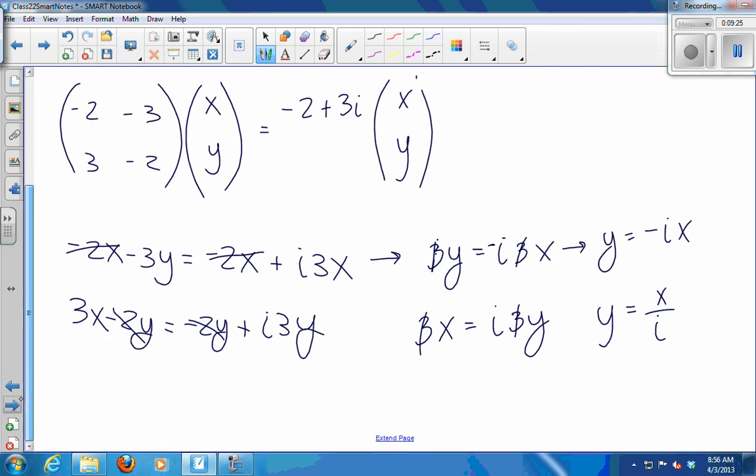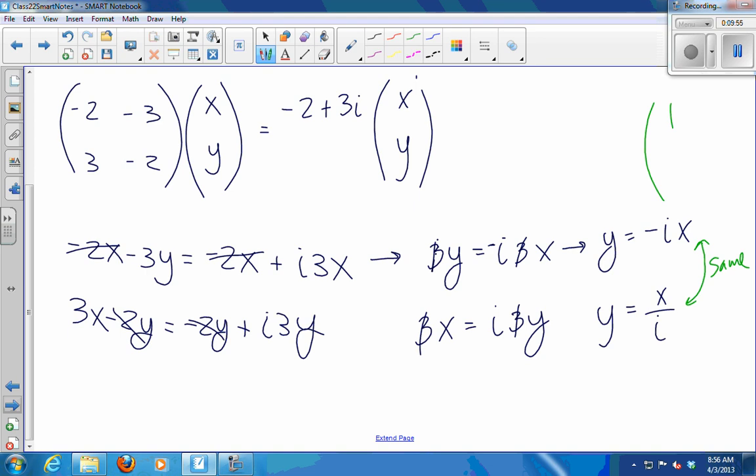Okay, so these two equations are the same. We just showed that these are the same. So give me a vector that lies on this line of eigenvectors. If you make x 1, what does y have to be?